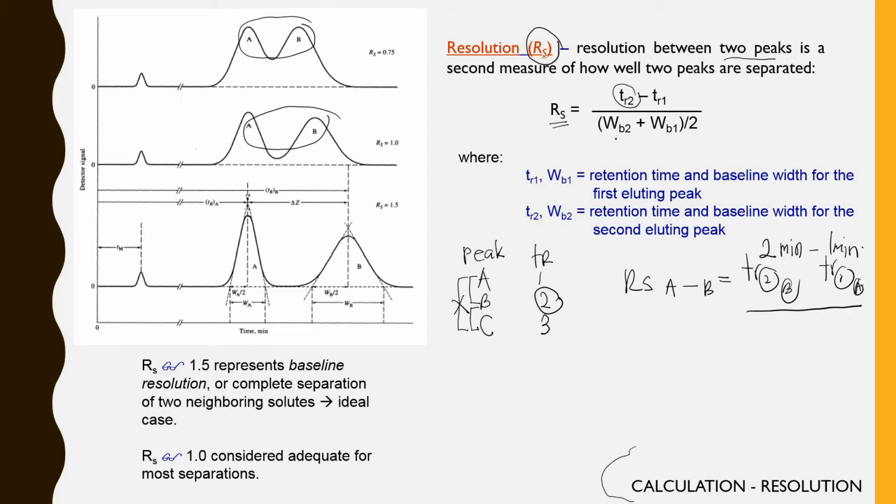Then over, the same goes here: you have WB, the baseline width, where WB2 refers to peak B, plus WB1, which refers to peak A, and then over 2. From that, you will obtain the value of RS.